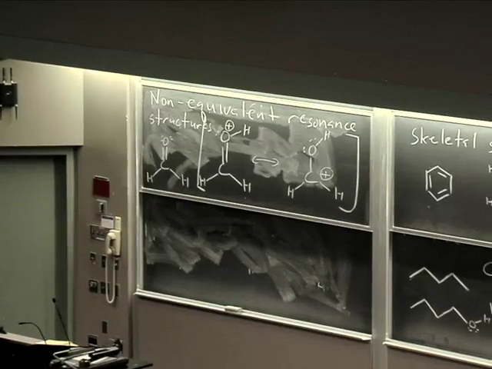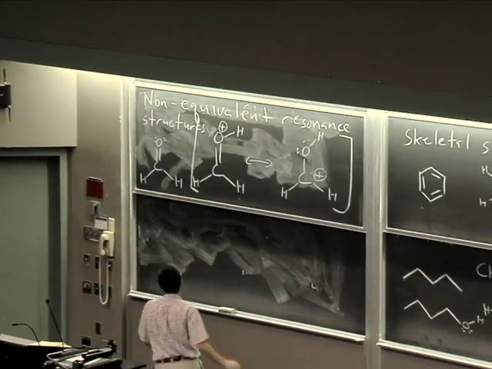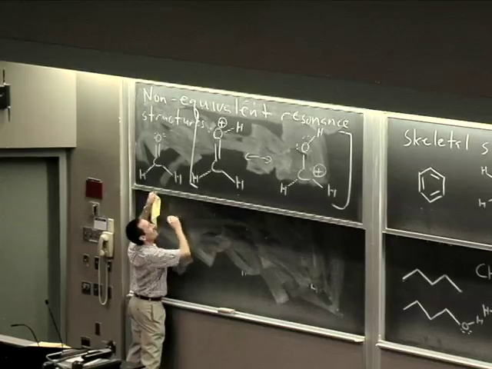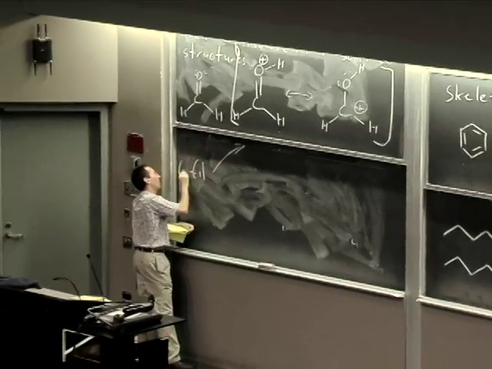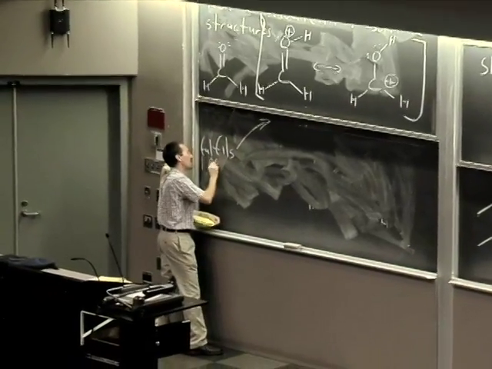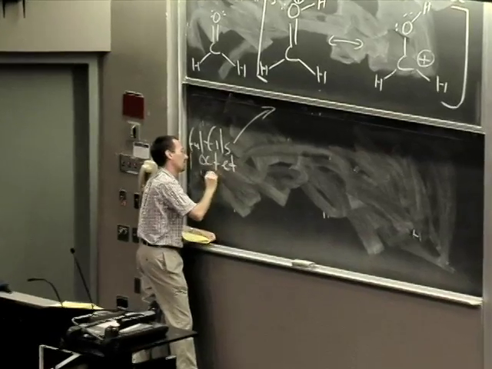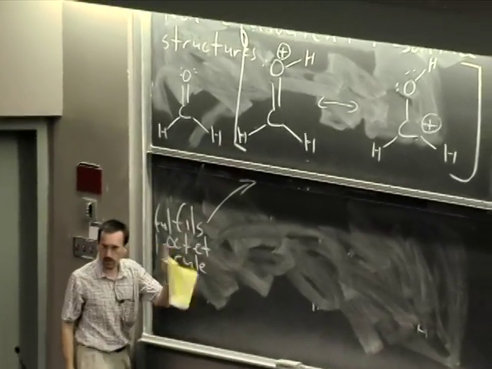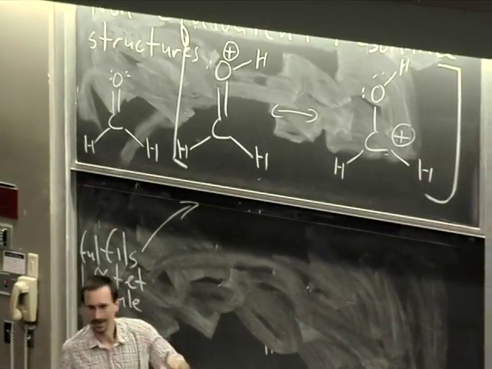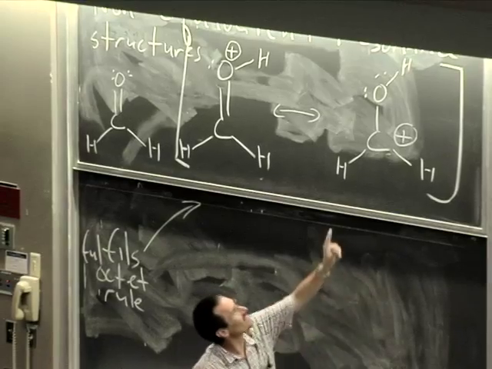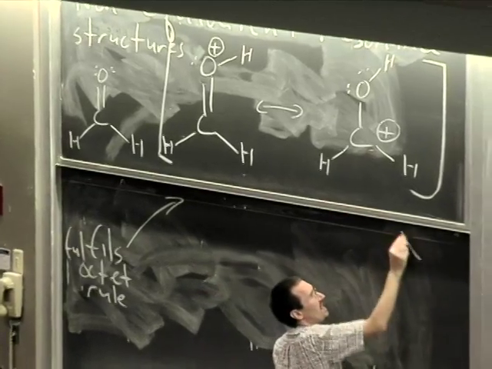Fills the octet rule. Bingo! The structure on the left fills the octet rule. I'll say fulfills octet rule. And the structure on the right? You're shaking your head. The carbon doesn't have a complete octet.